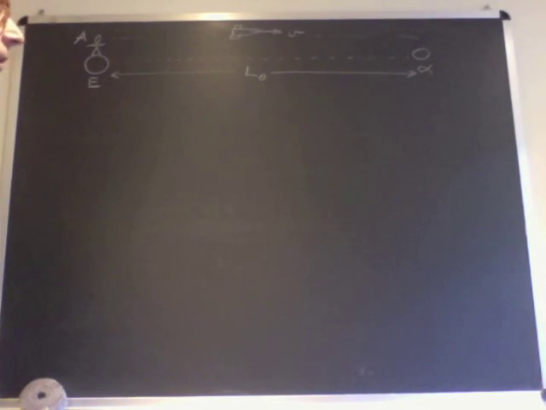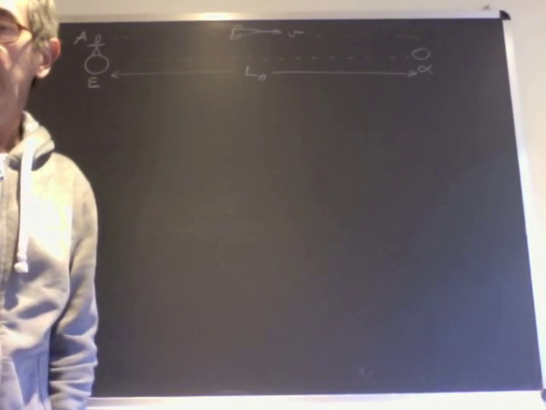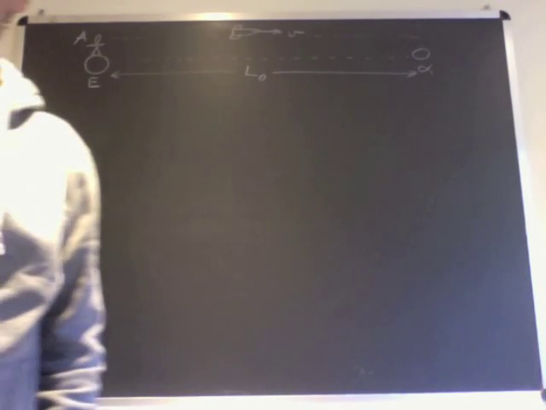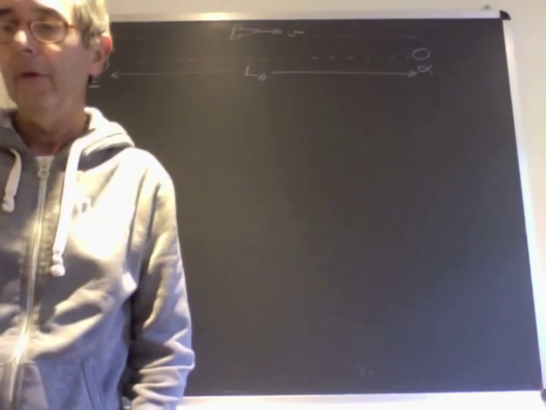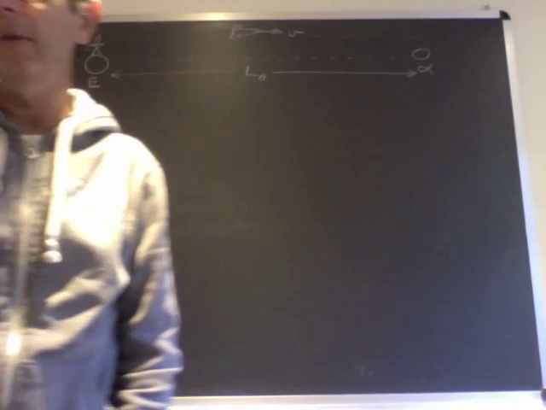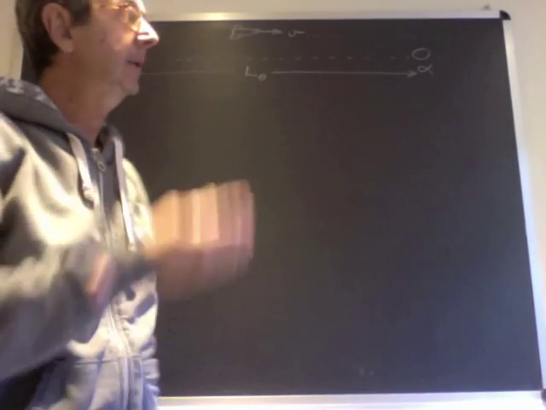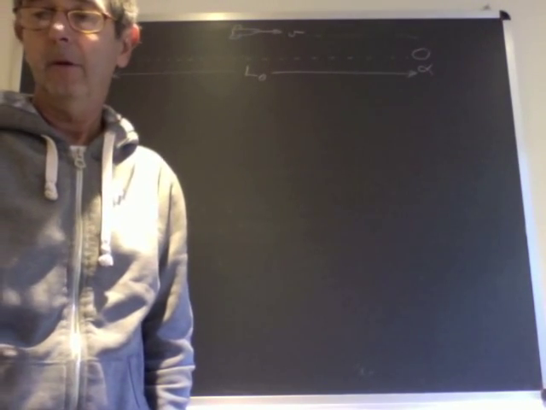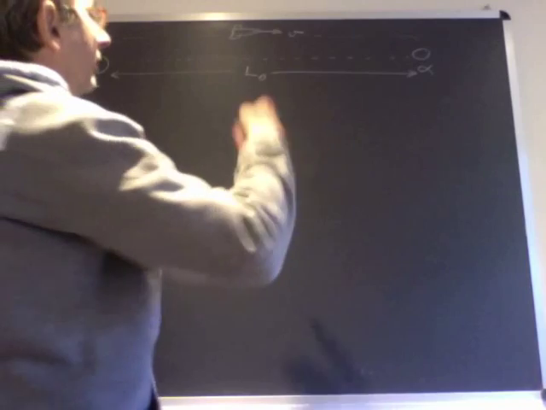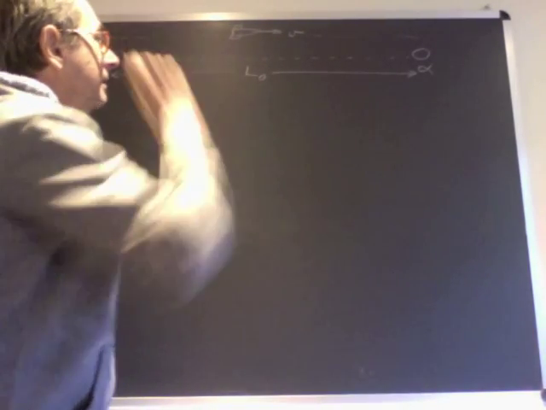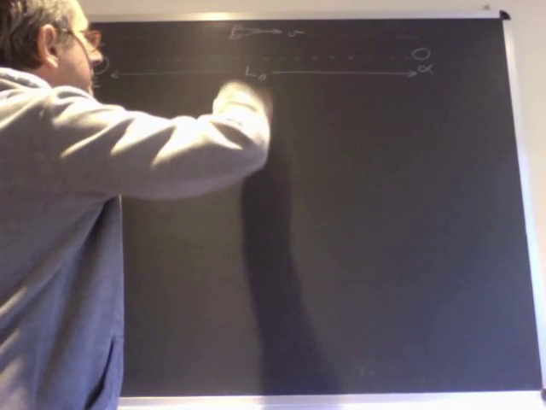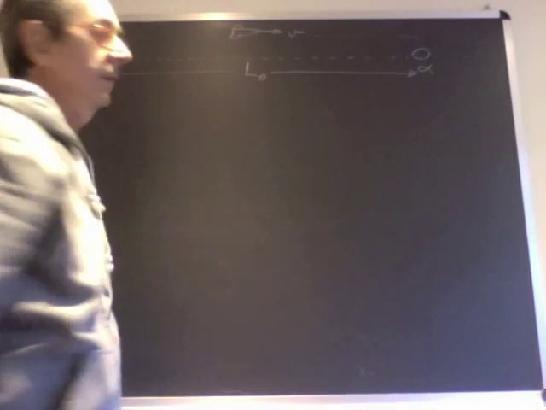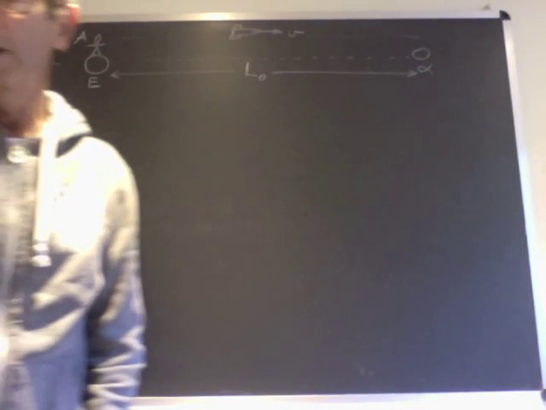Well, we know that for Mr. A, Alpha Centauri is still there at a distance of, more or less, 4.5 light years, but it doesn't matter. Let's write the formula in general terms. This distance is L0.